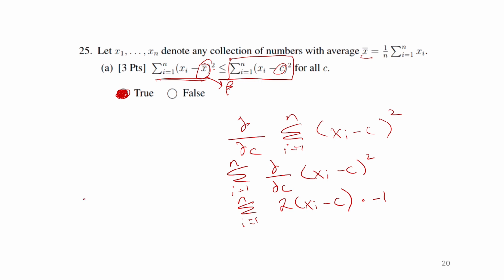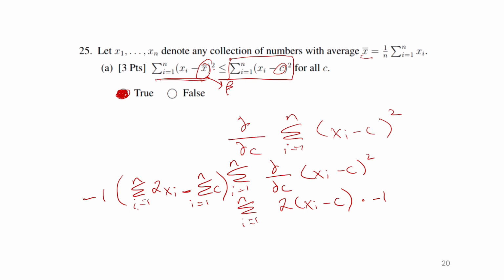Now I can move the sum inside. So I have the sum from i equals 1 to n of 2xi, minus the sum from i equals 1 to n of c. Okay, everyone following so far?